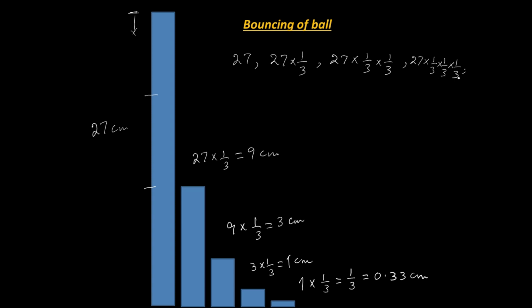So there is a sequence. The previous term is multiplied with 1 by 3 each time to get the next term. 27 multiply 1 by 3, 27 multiply 1 by 3 square, 27 multiply 1 by 3 cube, and so on.